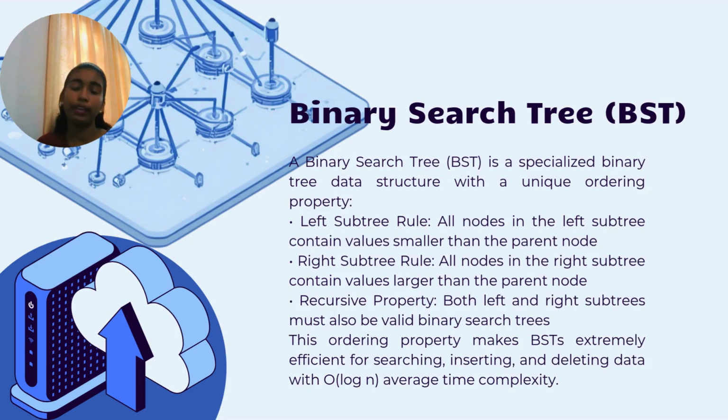This rule applies recursively throughout the tree. Because of this structure, BST provides very efficient searching. In an average case, searching, insertion and deletion can be performed in O(log n) time complexity. That is why BSTs are useful for fast processing.